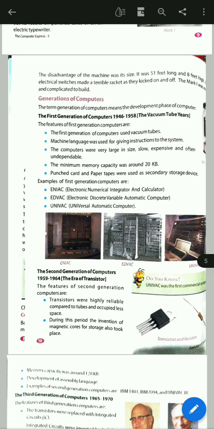The processing speed of these computers was slow. Why undependable? Because most of the time these computers got stuck during working hours. That is why people could not depend fully on these computers.